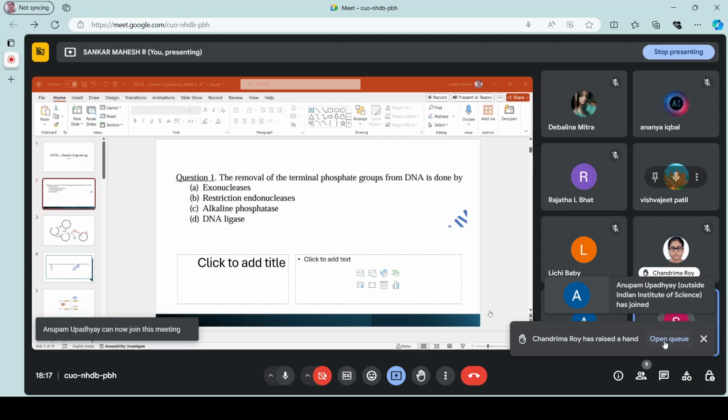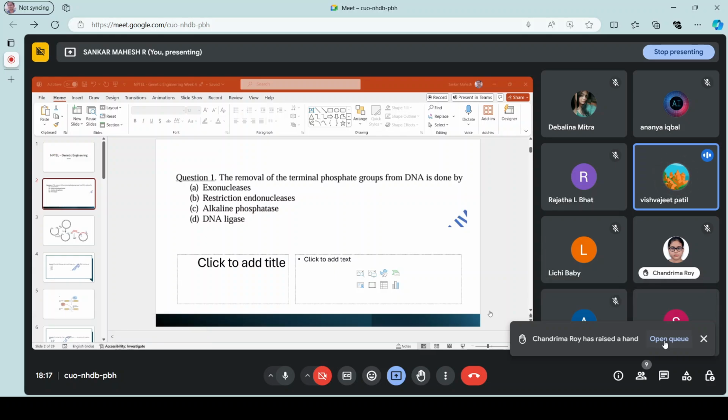Okay, what other ways are there to cut a DNA? Through using various enzymes like EcoRI. No, what I'm asking is, you said this cuts DNA from between. Is that the only way to cut DNA?